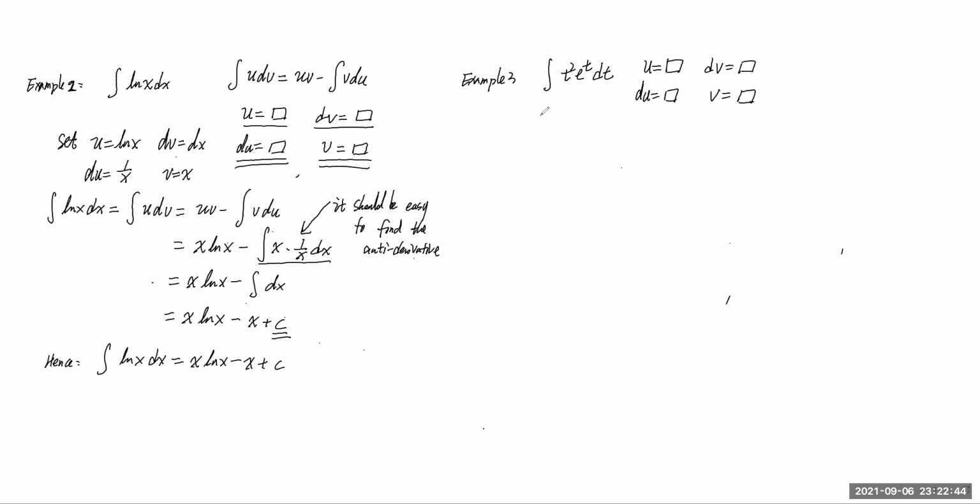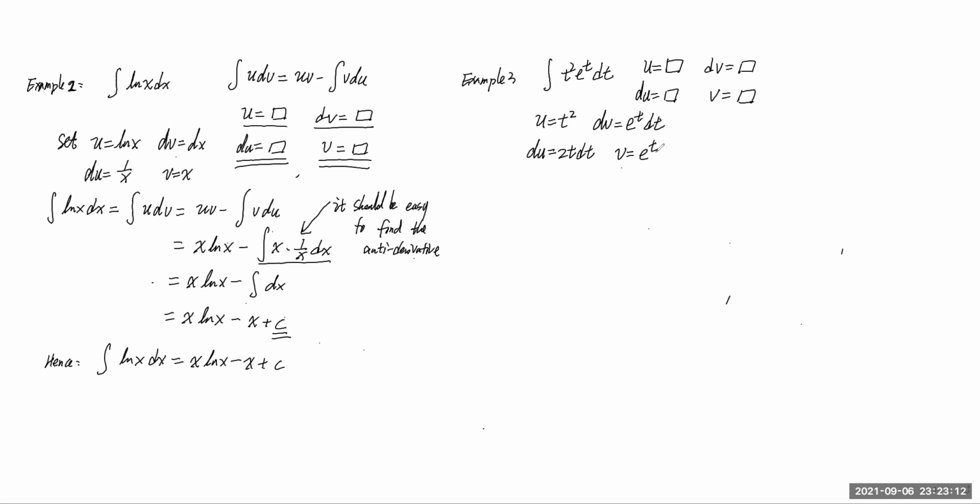So let's set u is t squared, dv is e^t dt. So we have du is 2t dt, v is e^t, because you know the antiderivative of e^t is e^t.